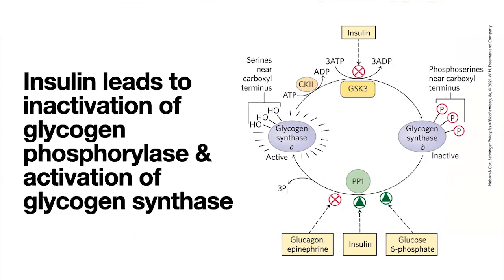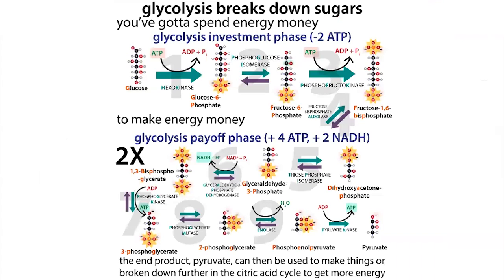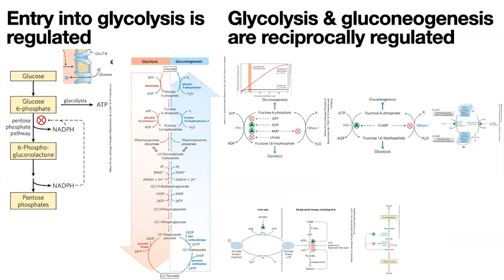Let's talk a minute about going back to our conventional idea of glycolysis and gluconeogenesis. You can imagine how we can have things entering the pathway at all these different places.